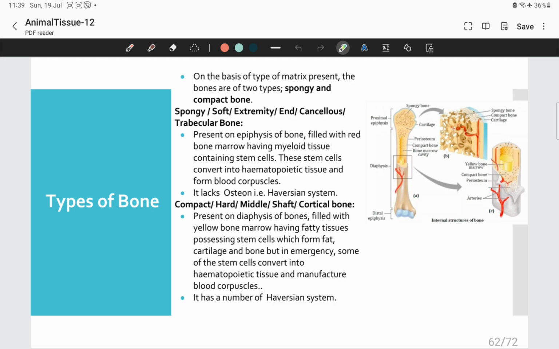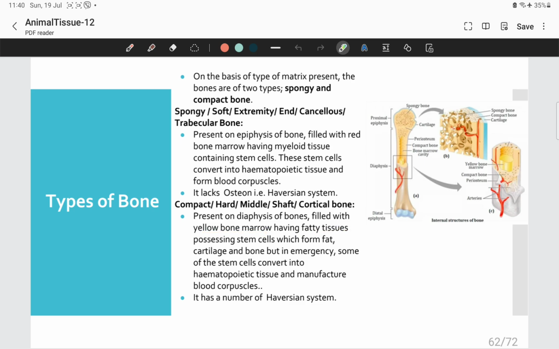And it doesn't have the Haversian system that we talk about. It doesn't have any canal which contains blood and nerves. Now let's go to the diaphysis area, which is the harder bone, known as compact bone. It is present in the diaphysis of bone, meaning the middle area of the bone, and it is filled with yellow bone marrow, having fatty tissues because it stores fat.